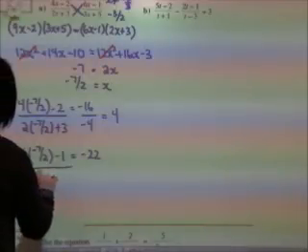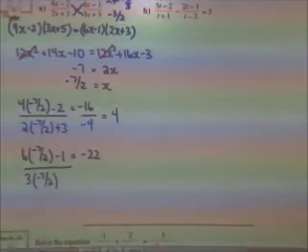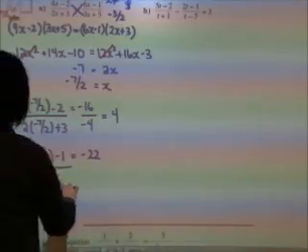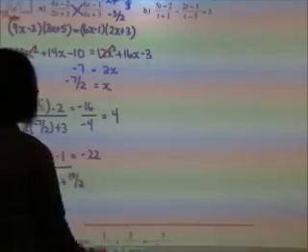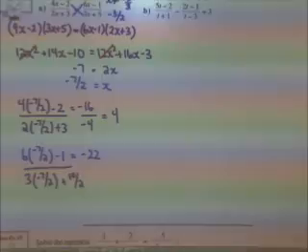Negative 7/2, which is going to give me negative 21/2, which doesn't reduce down, plus 5. So I'm going to change that 5 to 10/2. And then I'm going to ask you, what is negative 21/2 plus 10/2 equal?